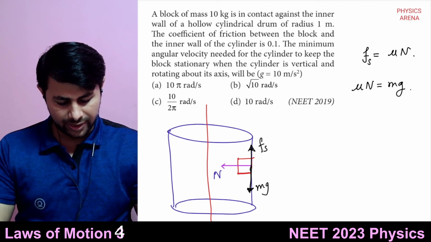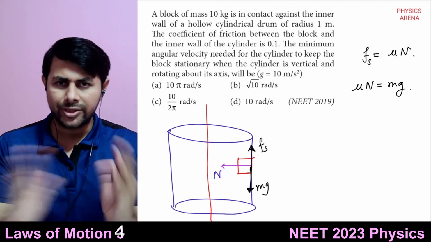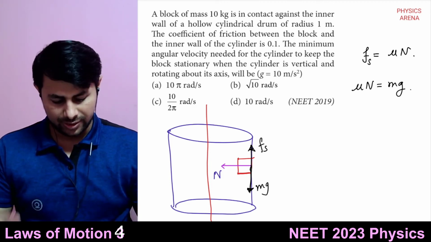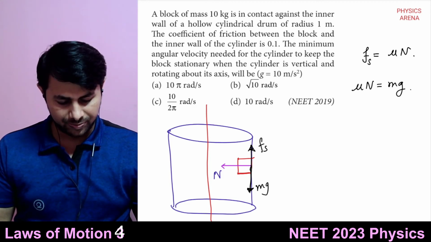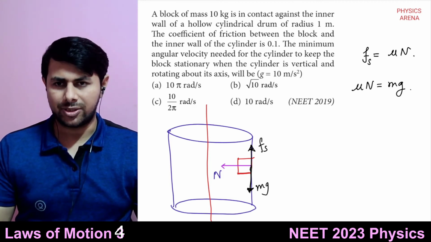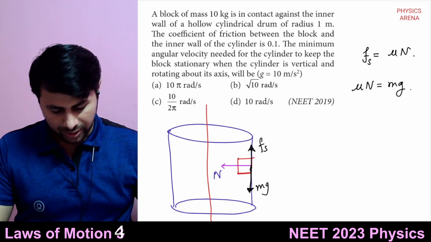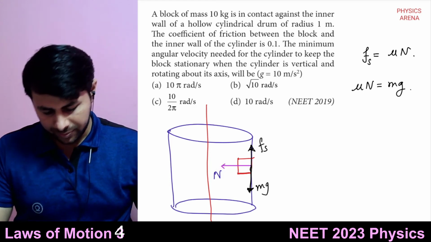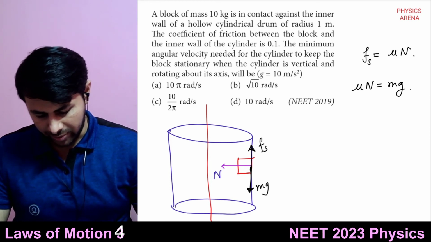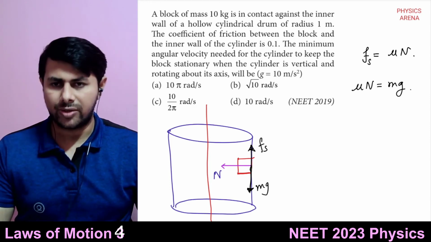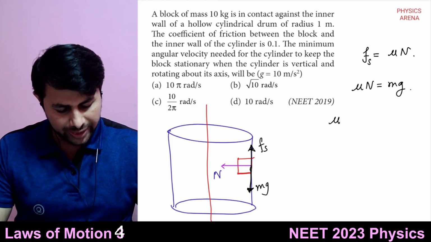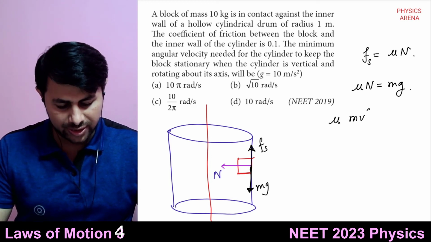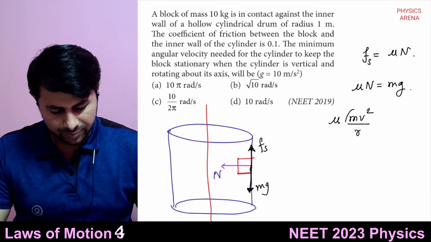Now with what speed must it rotate such that the frictional force is equal to the gravitational force? That's what we have to find. Here the normal reaction provides the centripetal force, so the normal reaction is equal to mv square upon r.